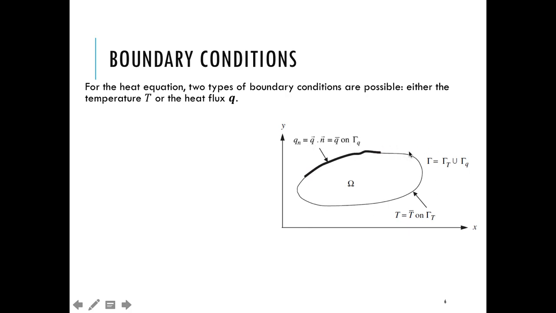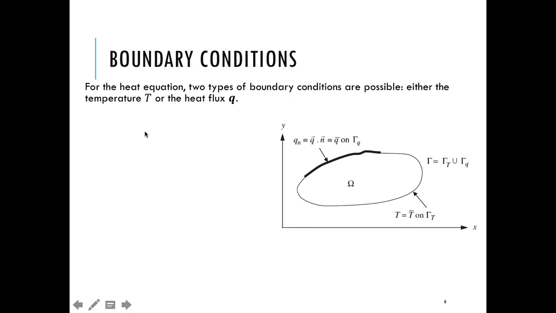Either we will know the temperature acting on some parts of the boundary, or we will know the heat flux on some parts of the boundary. Wherever we have the temperature, we refer to it as gamma T, that is the part of the boundary on which temperature is known, and where the flux is prescribed, that is gamma Q, the part of the boundary where the flux is prescribed.